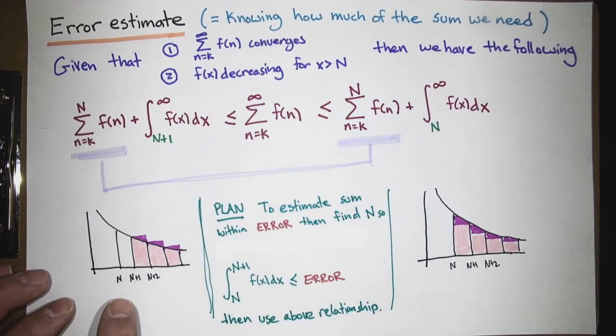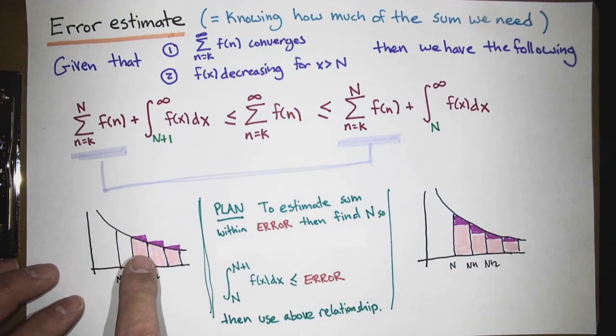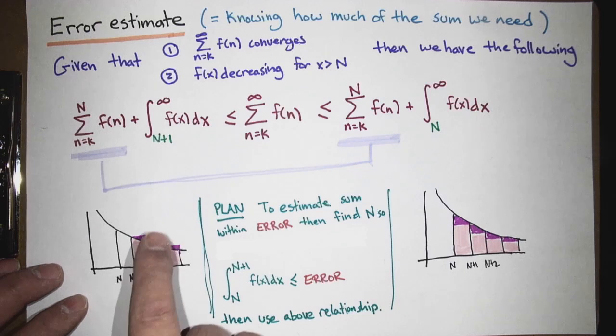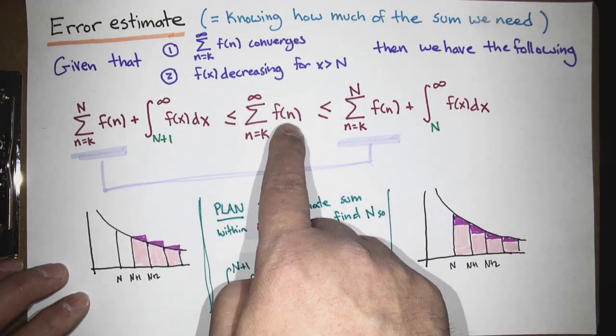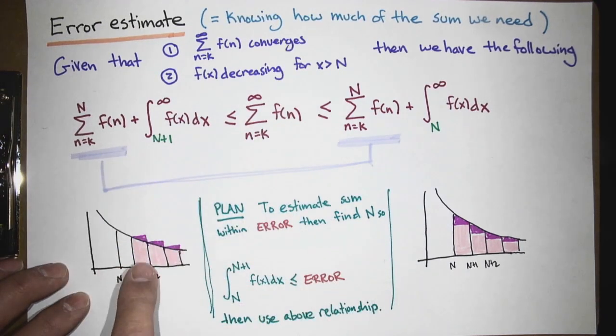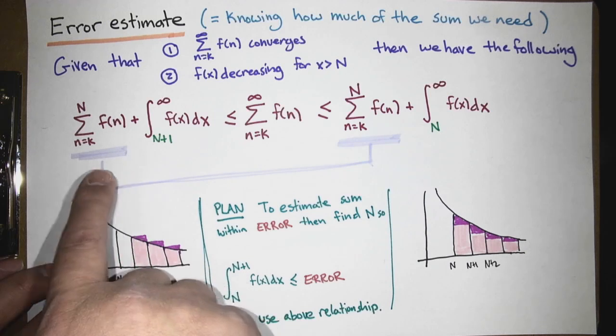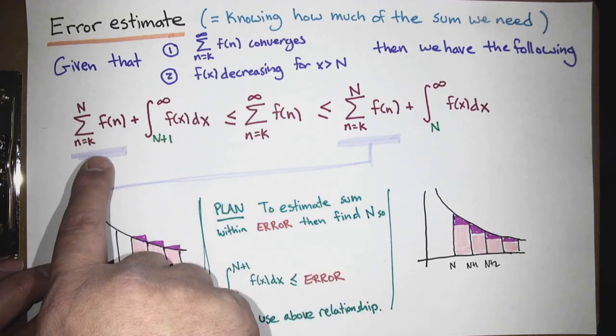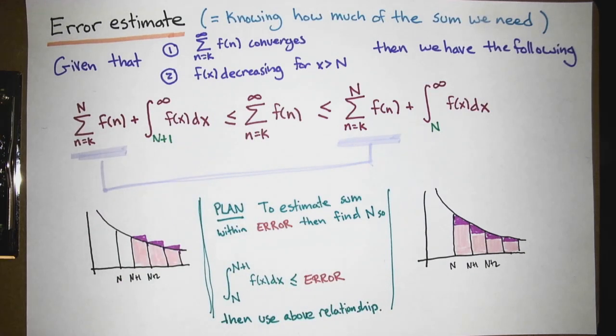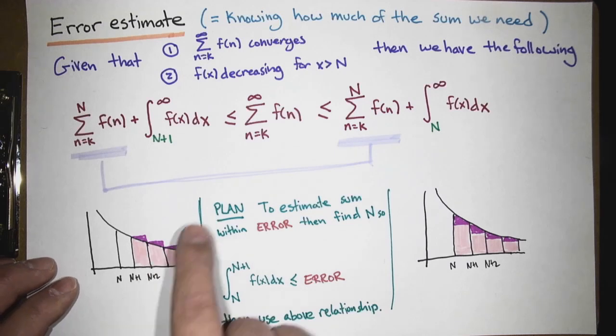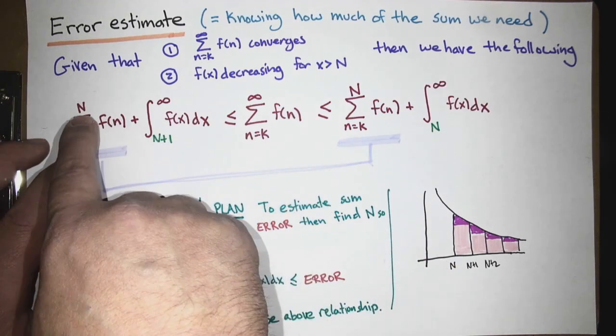The picture tells you the story here. So what's going on? Well, I want to say, how does this sum compare to this situation? So it's an area comparison. And, well, where did my sum stop? I stopped at n.